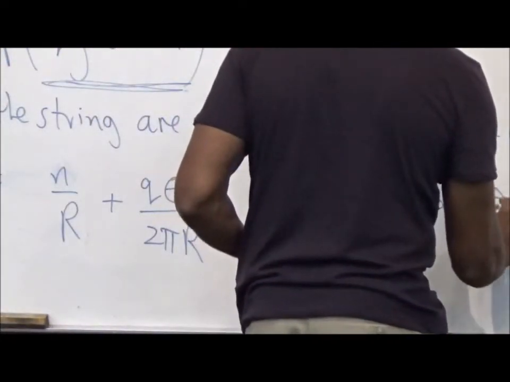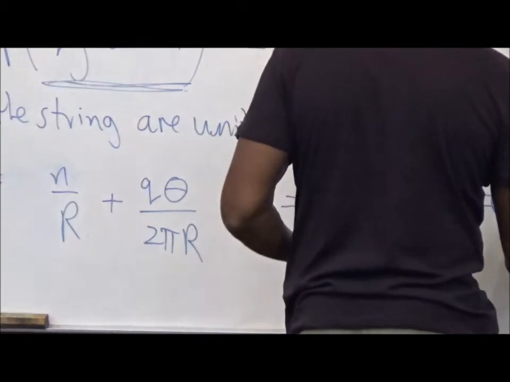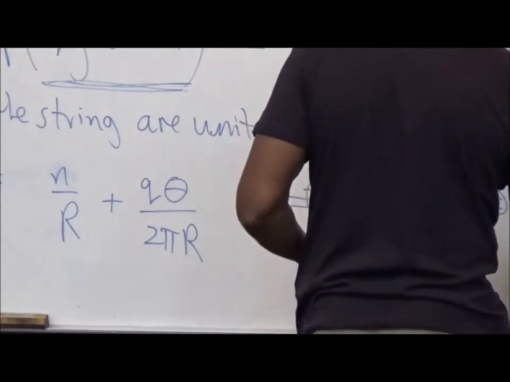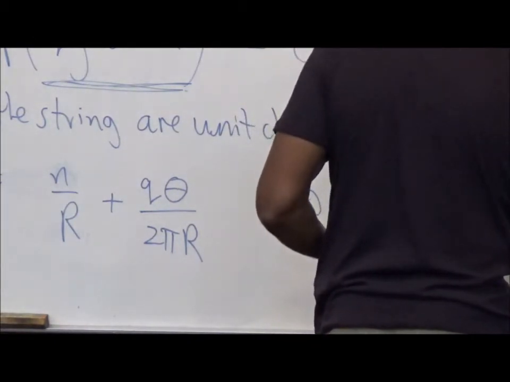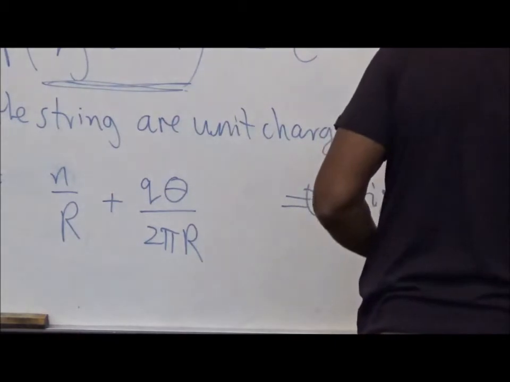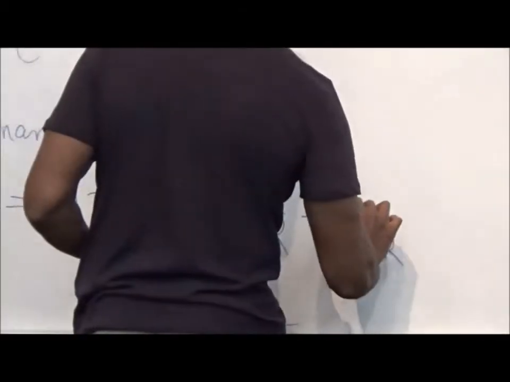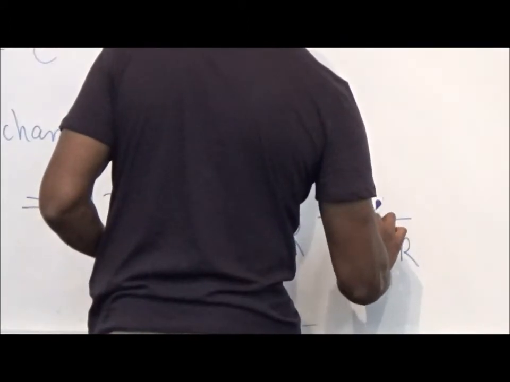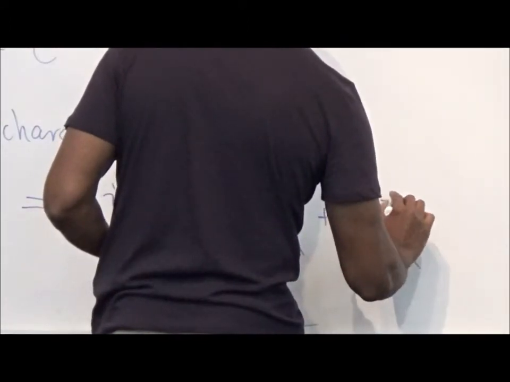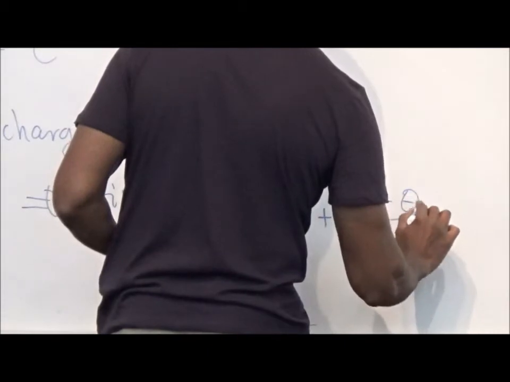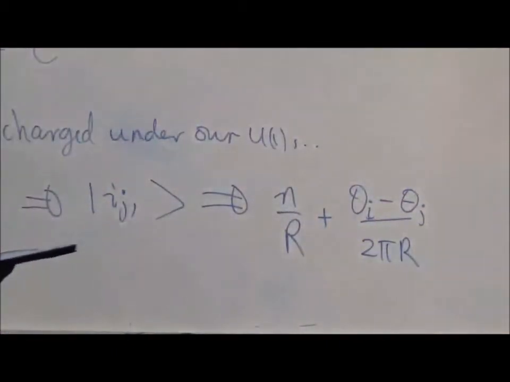This would then have some momentum which goes like N over R, and then I have the 1 over 2 pi R. I have one end that sees a positive charge, let me pick it as the I end. One end has a negative charge, which I'm going to call the J end, right?